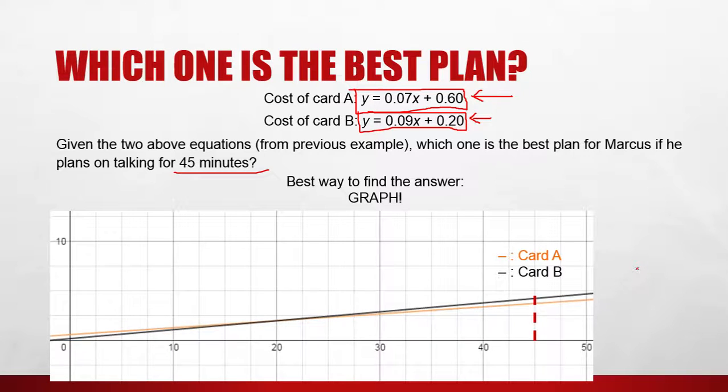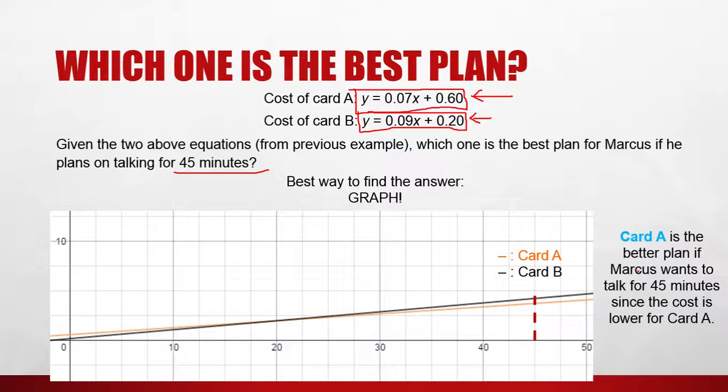The best plan is the one that costs less, which means the one that is below the other. If you look carefully, the orange line is below the black line, giving us card A as the better plan.